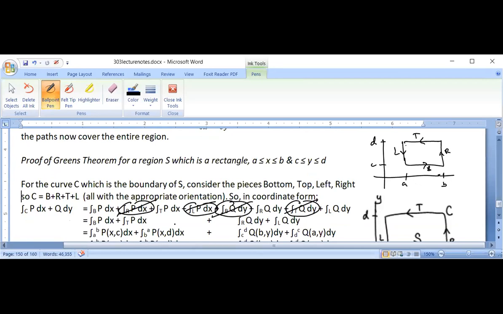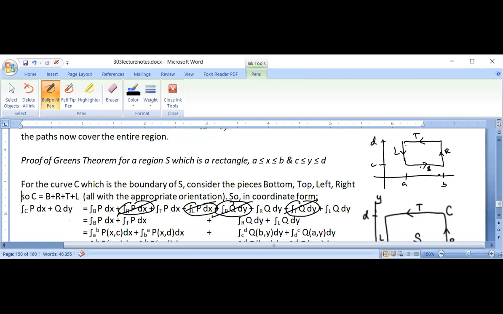So notice that along, for example, the bottom piece, y is constant. So P isn't really just some general function of x, y. It's a function of x comma c, since y always takes the value of c. And then in the second integral, the integral along T of P dx, along the top part, y always takes the value d.